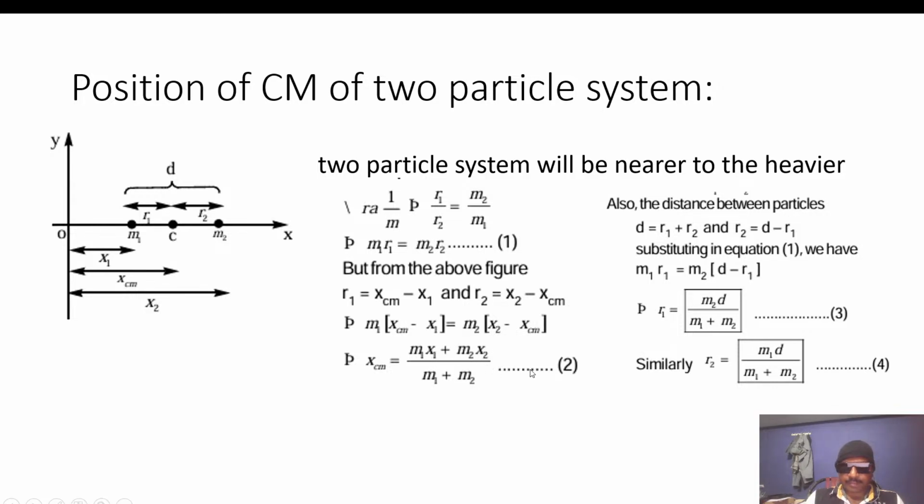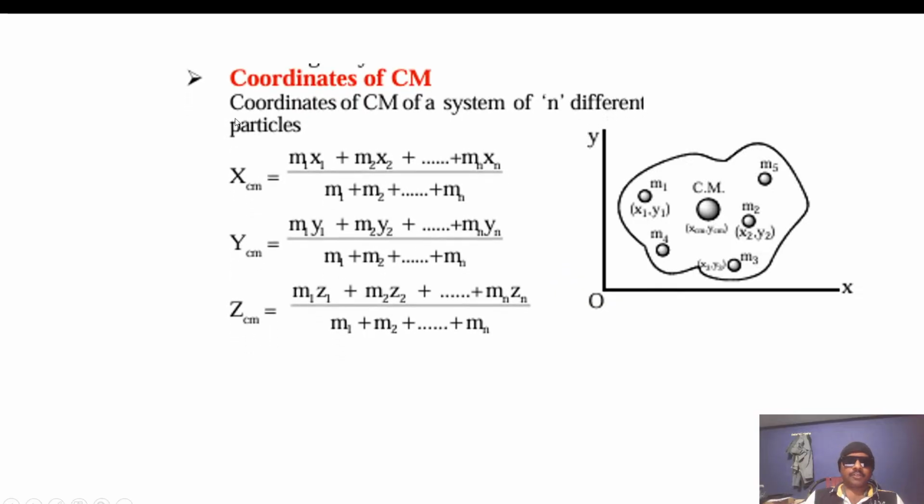Now this is r1, that means the distance from m1 to the center of mass, and r2 is the distance from m2 to the center of mass. So look at this is the coordinate system. Center of mass along the x-axis, along the y-axis, along the z-axis.